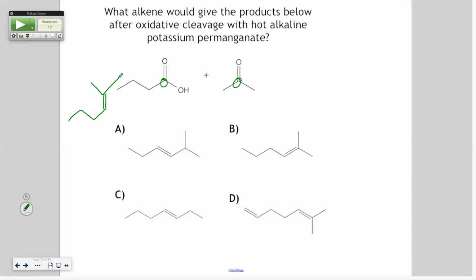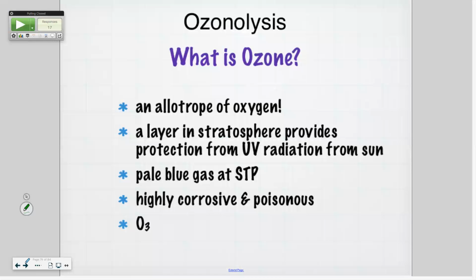Make sure you have 1, 2, 3, 4, the double bond, and then the other two. This is acetone, by the way. Any questions? Okay, you're just going to take a little practice to be able to go backwards.